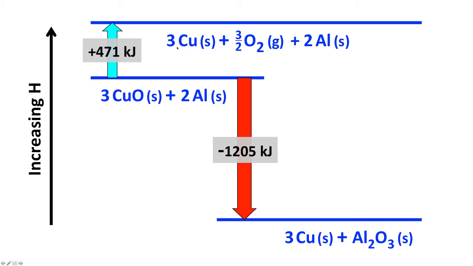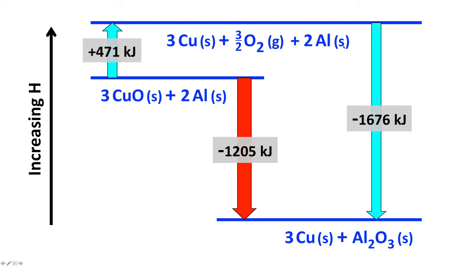So the enthalpy at this step is higher for the substances. But then the oxygen reacts with the aluminum to make aluminum oxide, and that step gives off 1,676 kilojoules, and the net amount of energy change for those 2 steps together is the negative 1,205 kilojoules for the direct process.